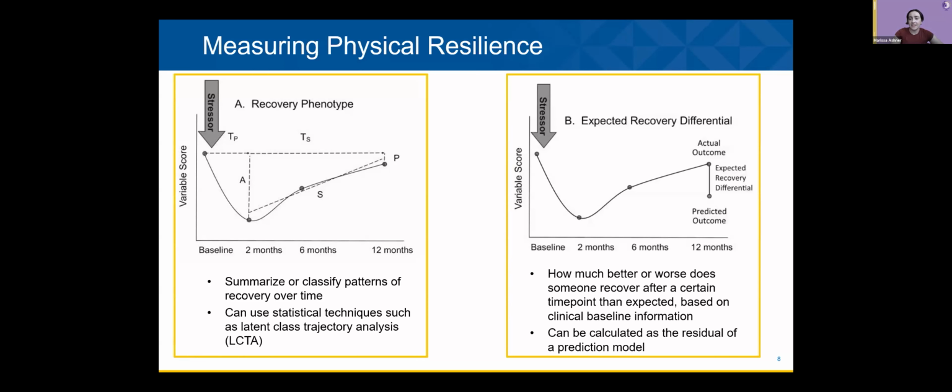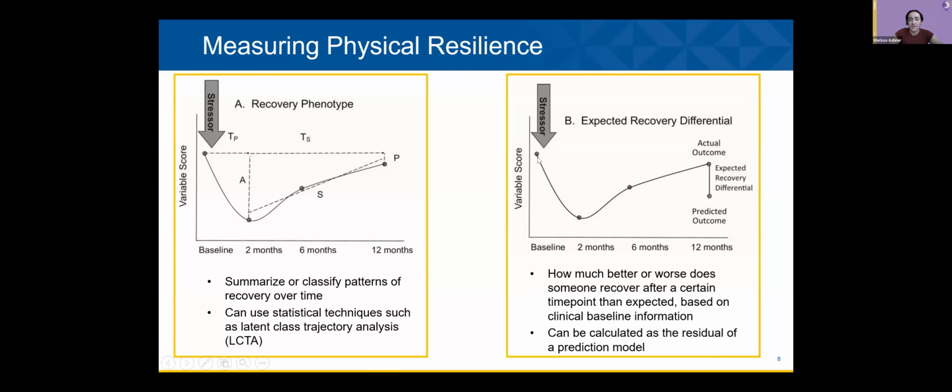There's a second type of measuring physical resilience that we also focus on here in the Duke Pepper Center, and that is what we call the expected recovery differential. This is the one I will be focusing on for the rest of this talk, but I wanted to cover both of them at least a little bit. The idea is how much better or worse does someone recover after a certain time point than we expected based on some clinical baseline information.